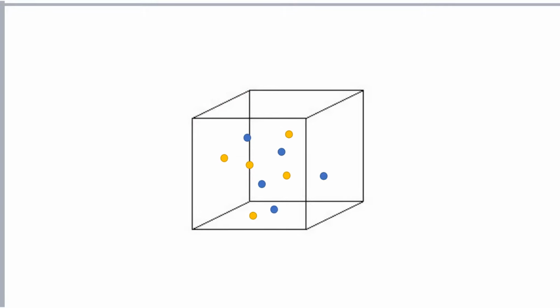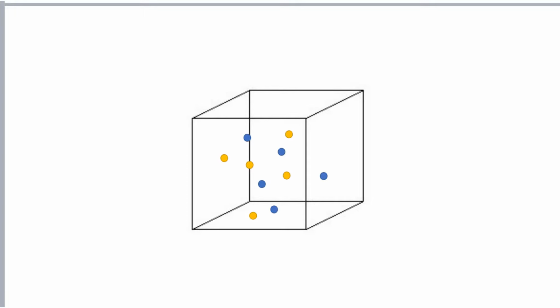Now, the concentration of a solution and the pressure of gases are closely related. The more particles you've got per unit volume of a gas, the higher the pressure. In this example here in our 3D container, we've got two different gases that, if the particles collide, could react together.